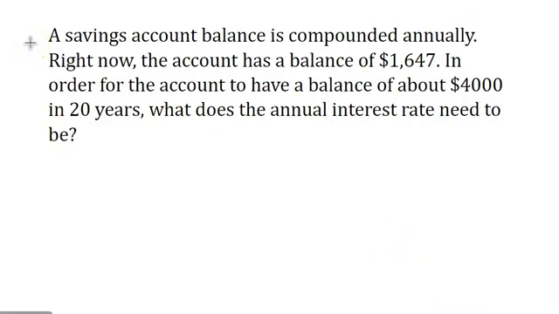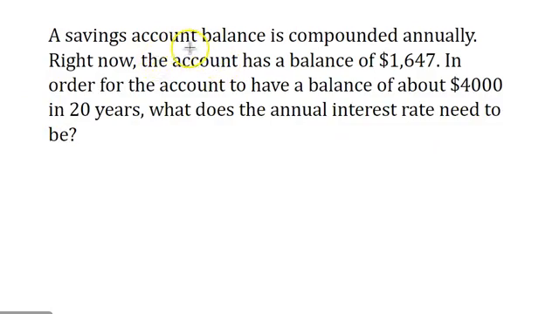The savings account balance is compounded annually. Right now, the account has a balance of $1,647. In order for the account to have a balance of about $4,000 in 20 years, what does the annual interest rate need to be? So this time we're looking for the interest rate.